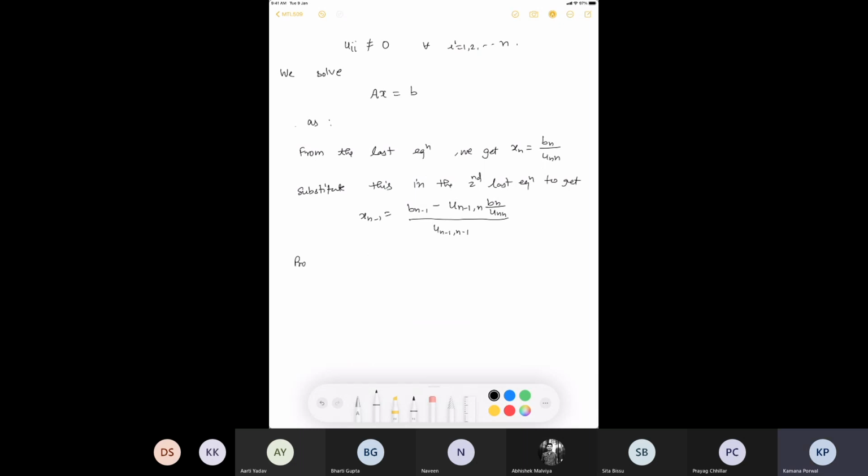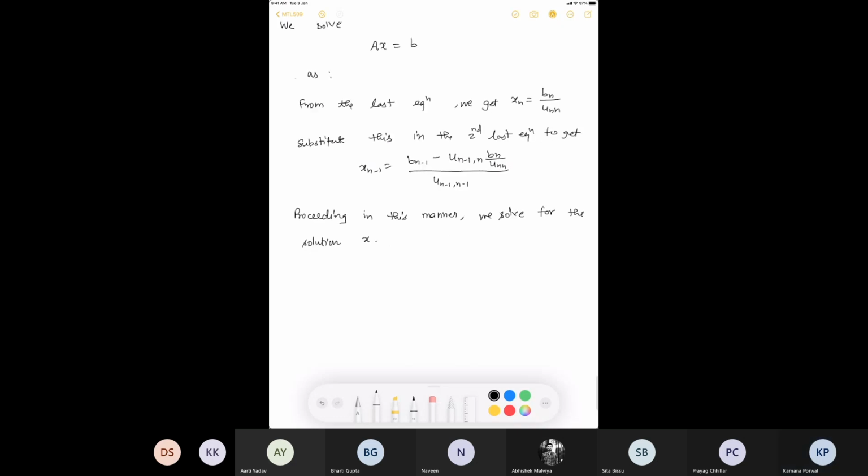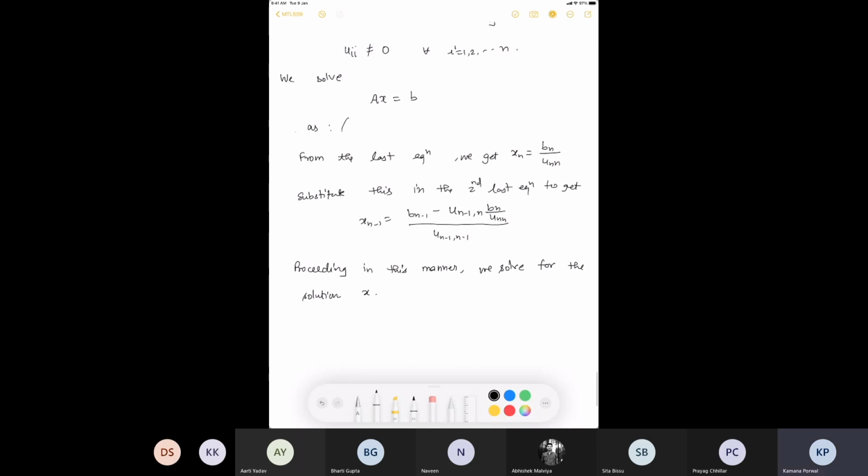Okay, so proceeding in this manner, we solve for the solution x. Okay, and we have already come across the name of it, this is called back substitution, right? Backward substitution. Let me write here. So this procedure we are doing here is called the backward substitution.